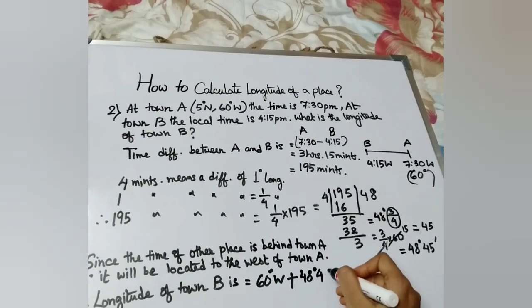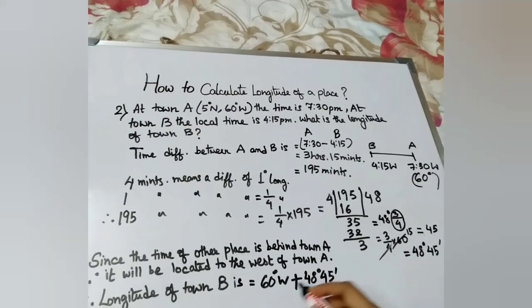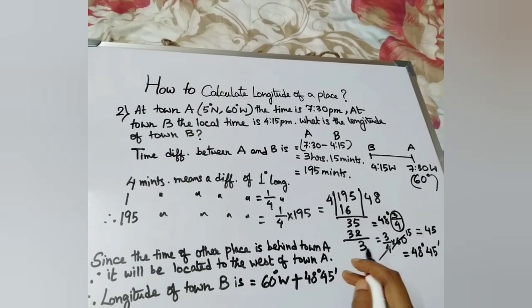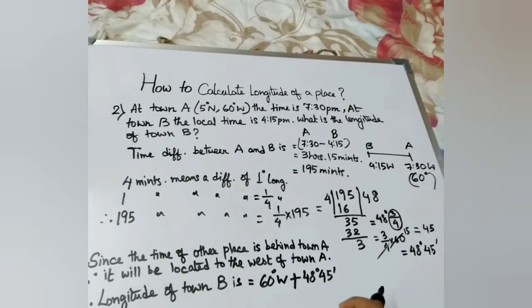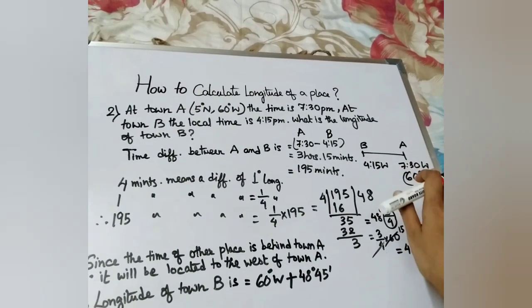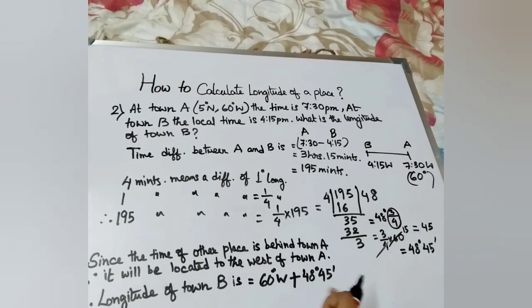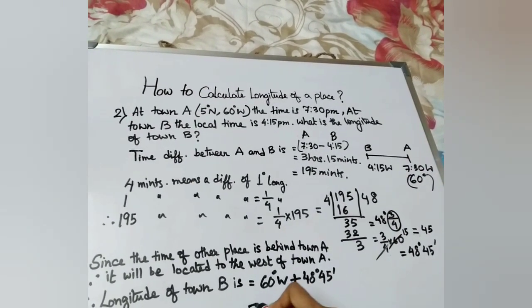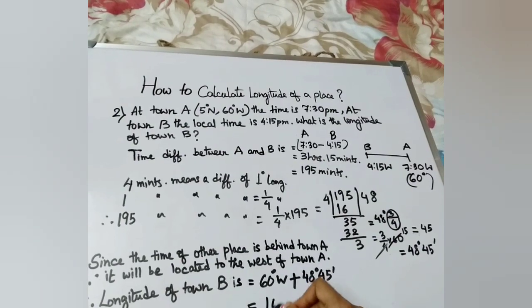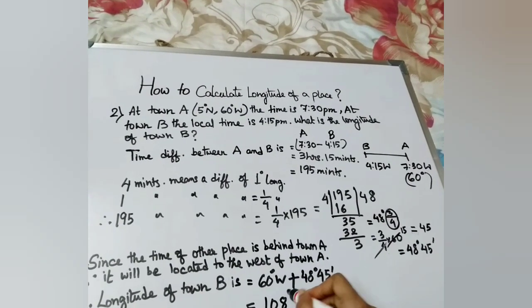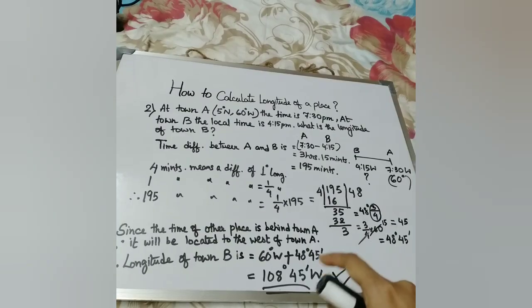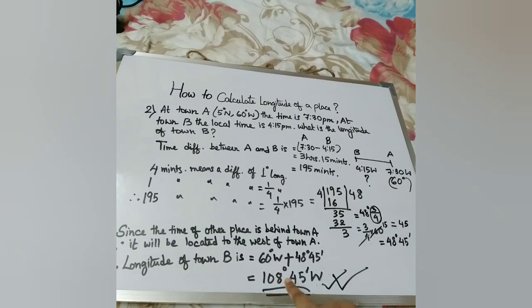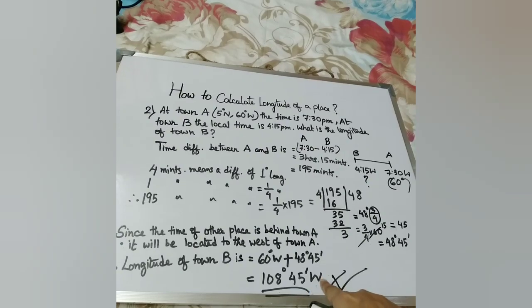48 degree 45 minutes. Why should we add? Because before this question I already told you, if both are in the same hemisphere, at the end we will add the longitude. So if we add it, we will get 108 degree 45 minute west.